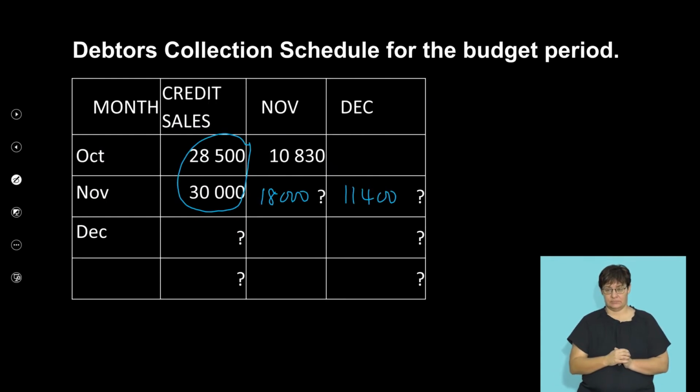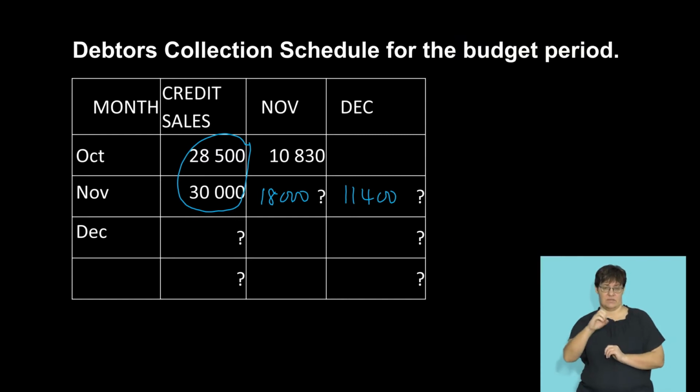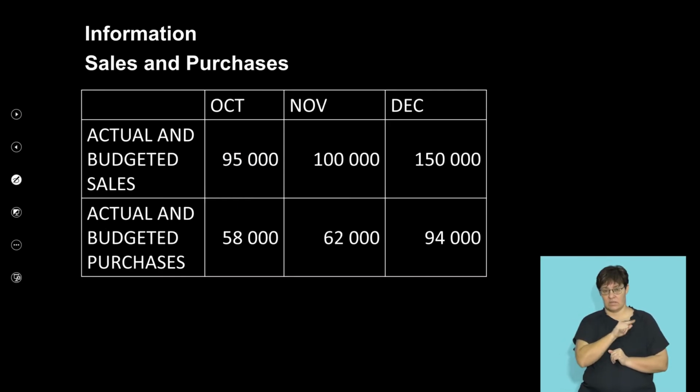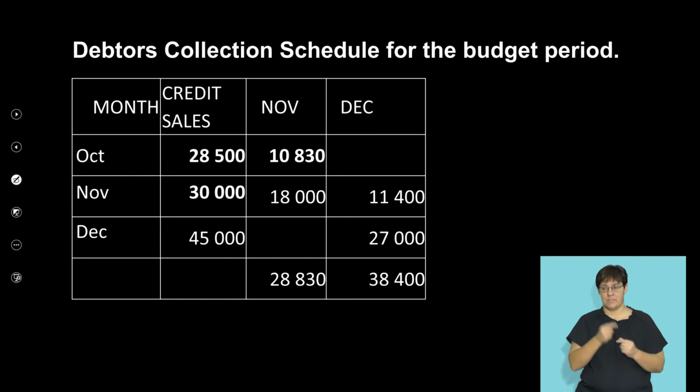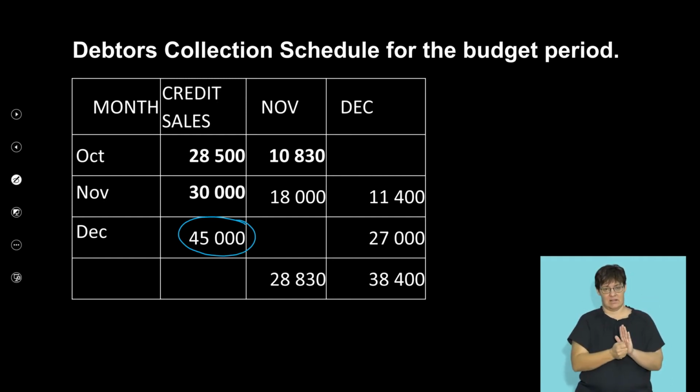Let's do that. 150,000 times my 30% to find my credit sales figure, and we find that that's a figure of 45,000 Rand. Okay, so therefore, if we go into this, there's my figure that I'm looking for. There's the 45,000 Rand that I had to calculate based on my total sales being converted to credit sales.